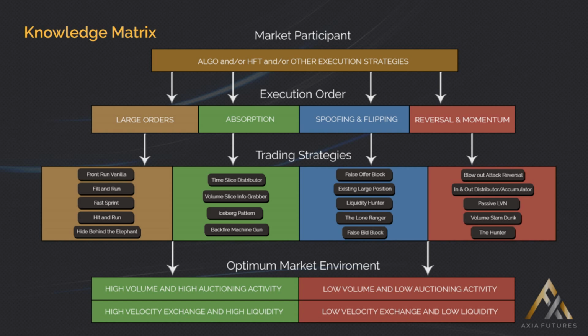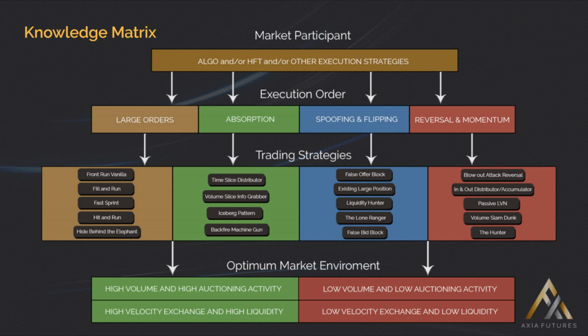So we're really breaking this down into four main segments, and within those four main segments we can compartmentalize it in order to separate the various types of order flow patterns. Effectively, where we started is with the market participant, such as your institutional funds or your speculators, who will then engage in certain types of execution strategies.